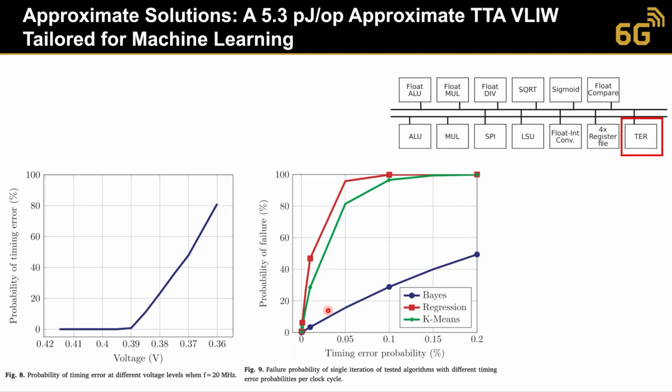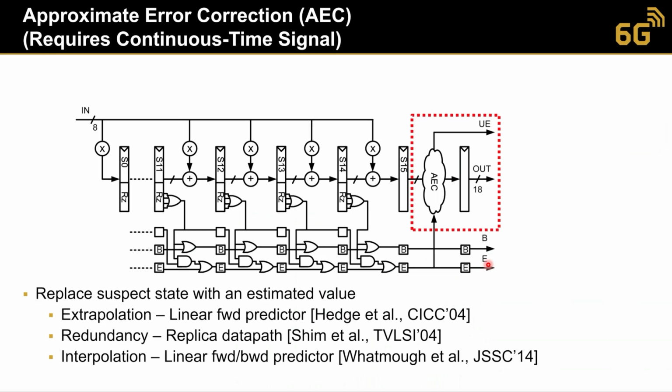And you can see that you have perhaps somewhat smaller values here than you had in Razor, but still the same general idea. Another solution that has been presented is approximate error correction, which requires continuous signals. So basically, if you have an error, then you just interpolate or do something else between the values.